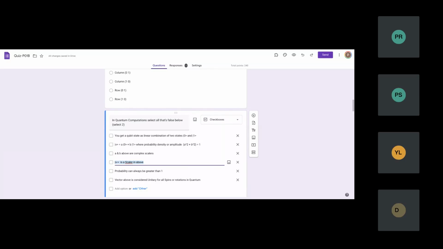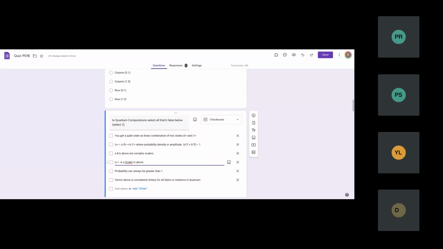I got your question. The question was about the V I have pointed there, right? The correct answer: ket V is a scalar in the above. So when I say ket V equals A ket 0 plus B ket 1, is that a scalar? Now, if I generally talk of a ket V, a combination of A ket 0 and B ket 1, this is nothing but a state in between.